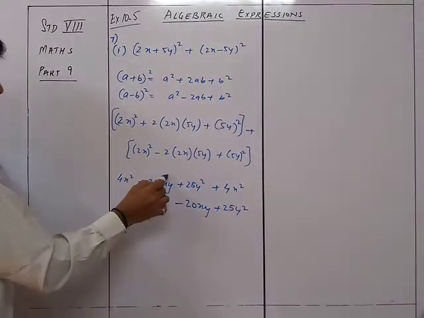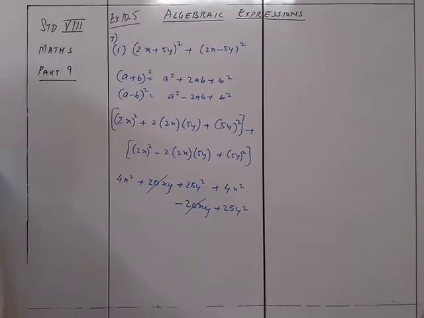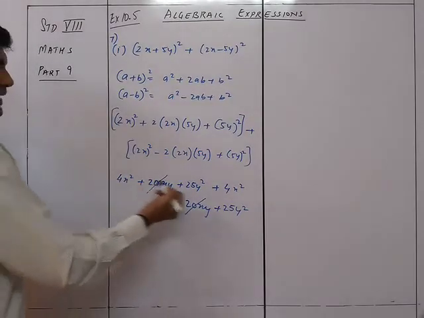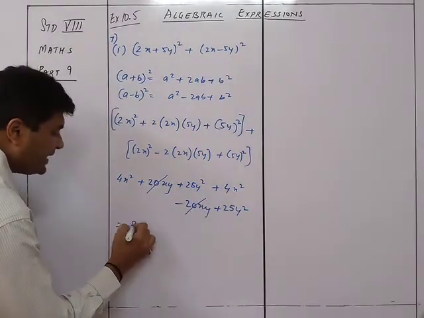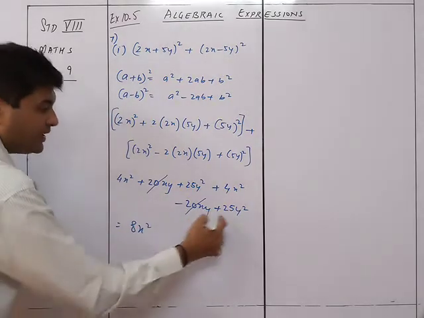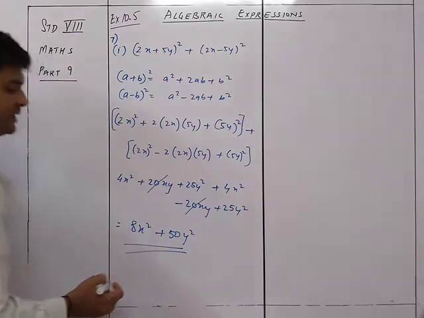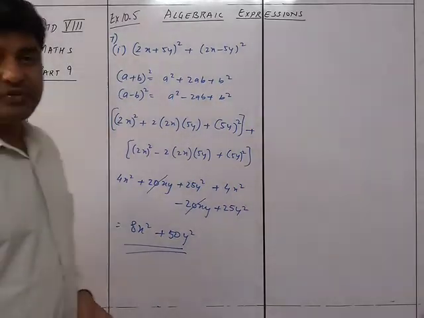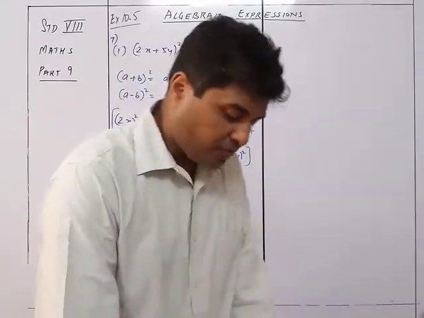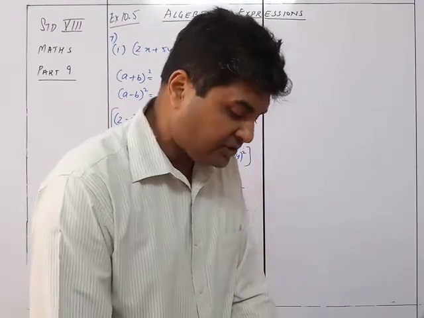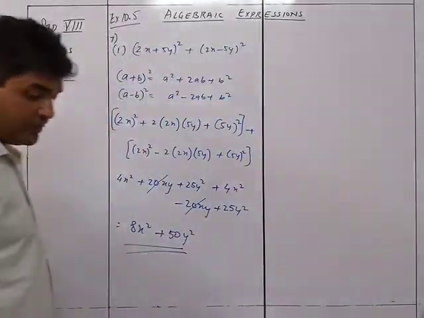So you can see plus 20xy and minus 20xy get cancelled. What is remaining is 4x square plus 4x square is 8x square and 25 plus 25 is 50, so 50y square. So the answer is 8x square plus 50y square. So that is for sum number 7's first as 8x square plus 50y square.